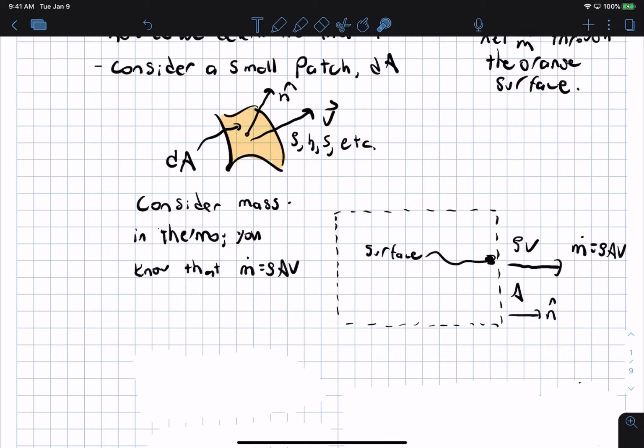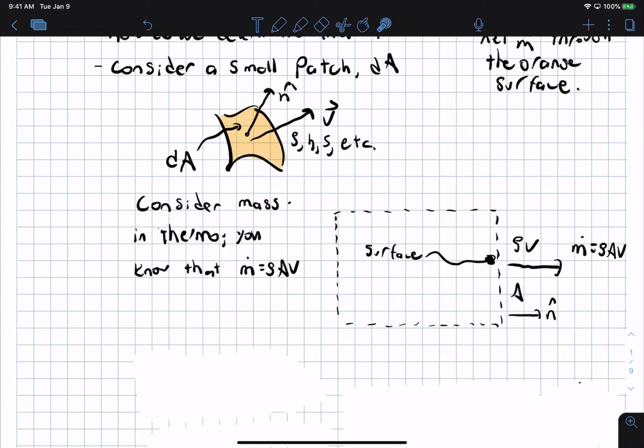And so in thermodynamics, you often dealt with control volumes that were very simple in shape, and you implicitly assumed that the velocity was exactly normal to the surface, and it was the same everywhere on that surface. And so you know from your thermo that m dot is just the velocity of the fluid times the density times the cross-sectional area of the surface here.